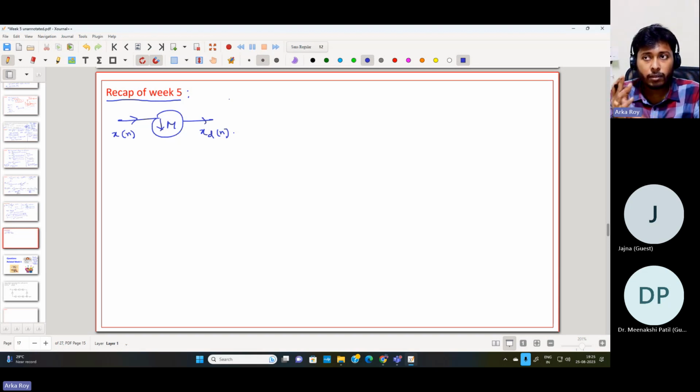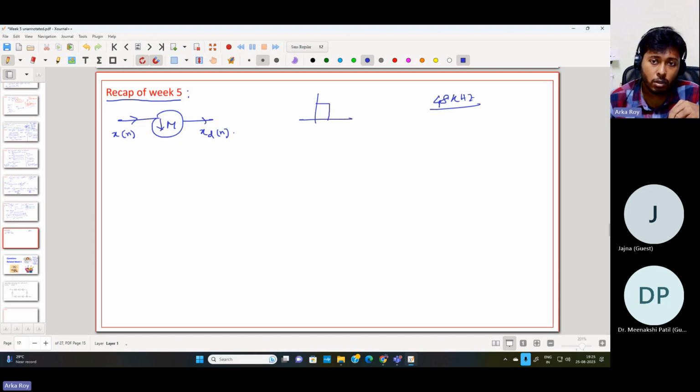For example, we have been given an audio signal sampled at 48 kilohertz. If this is the signal frequency response, the band limited frequency is, let us consider, at 2000 hertz.